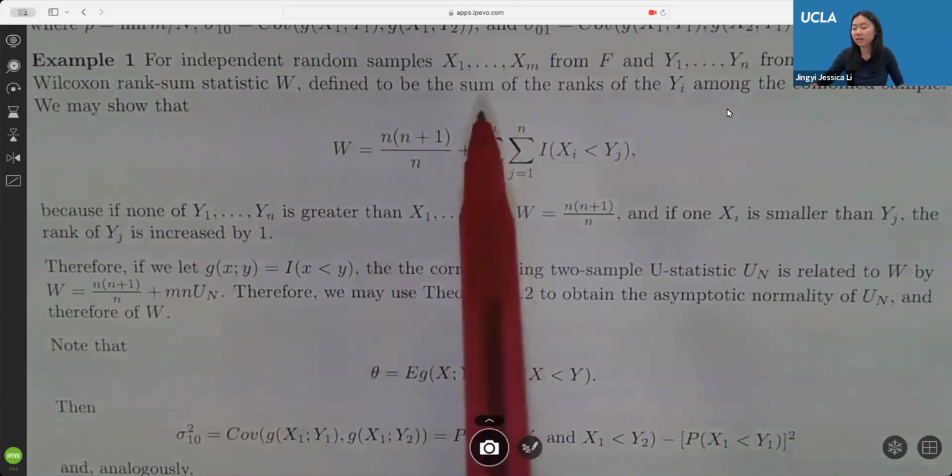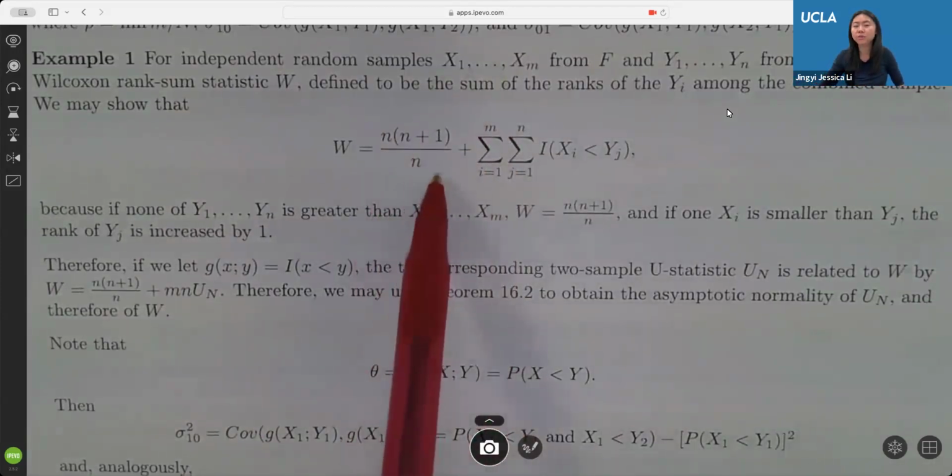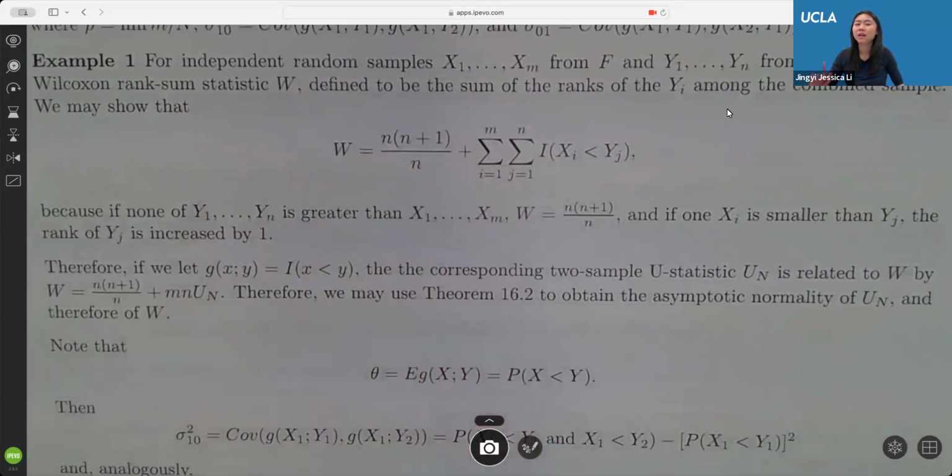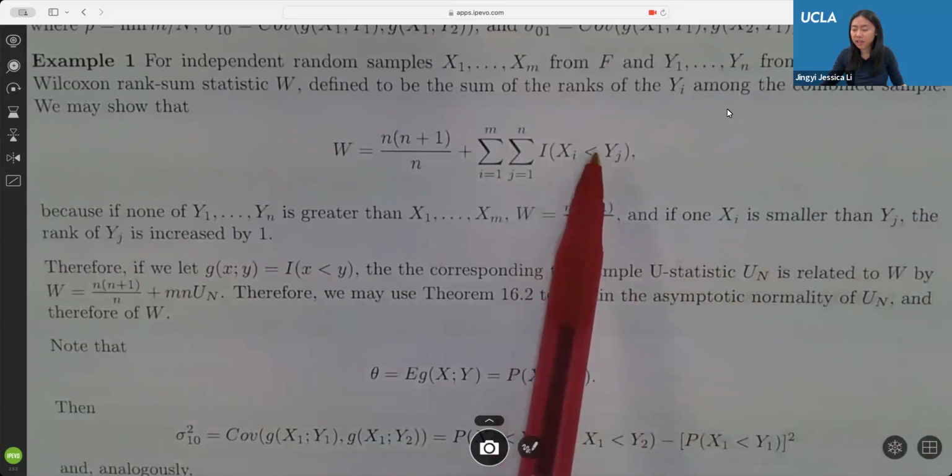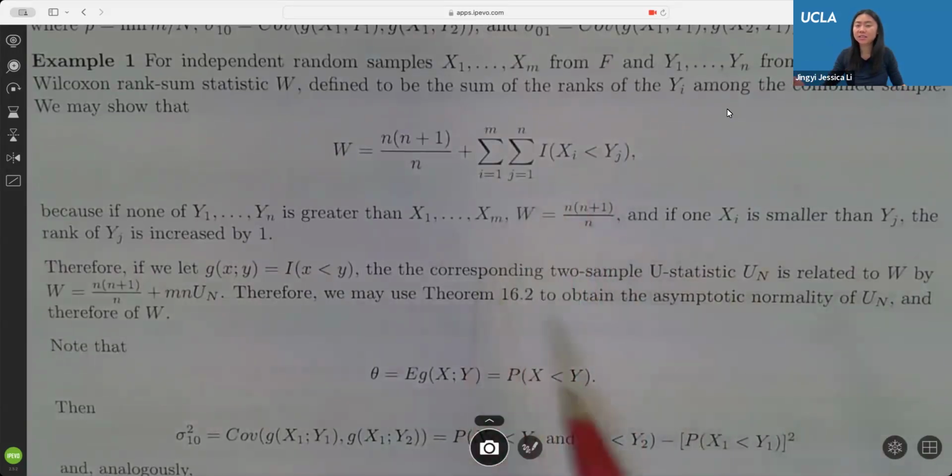So you can consider the first term to be the baseline ranking if y1 to yn are the smallest. And for each xi, as long as it's less than yj, you push up the rank of that yj. This is just a way to decompose it, so you are basically getting the increase.